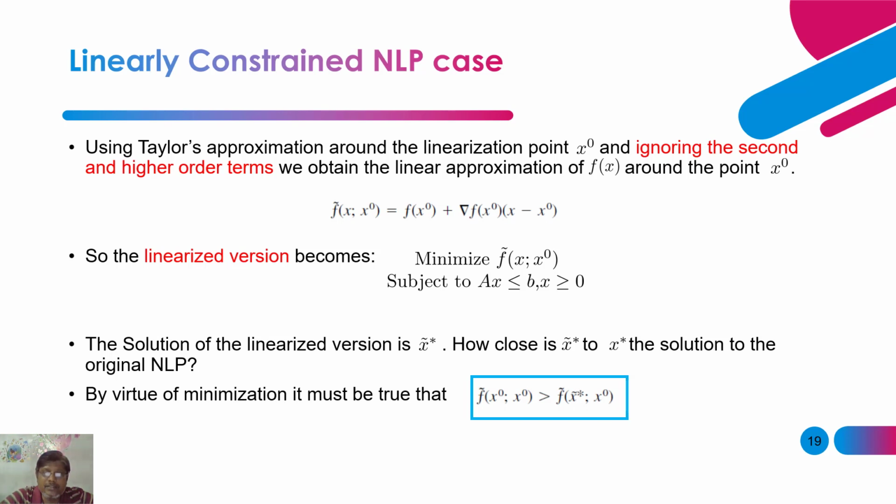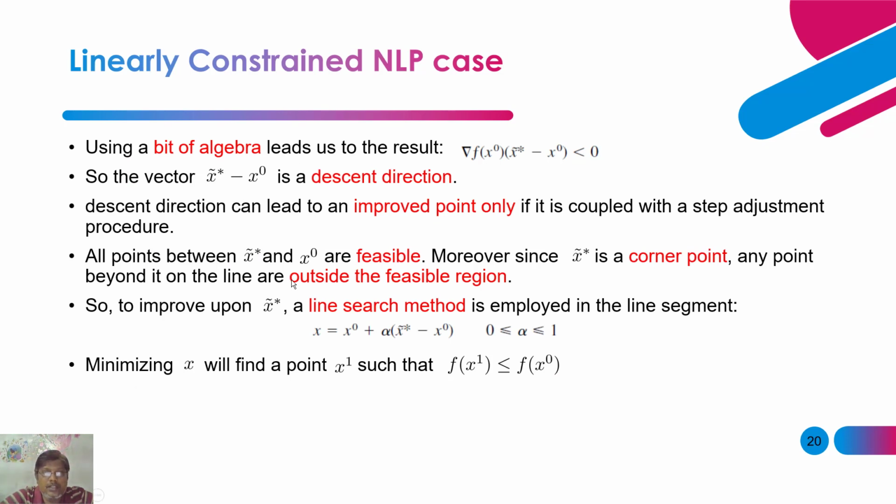See, it's very easy. Again, you have to check whether obviously our minimization function will be greater than the linearized function at point x naught. If so, then we can move on to the next step. Using a bit of algebra, we can lead to the result of this, where x tilde star minus x naught will be the descent direction.